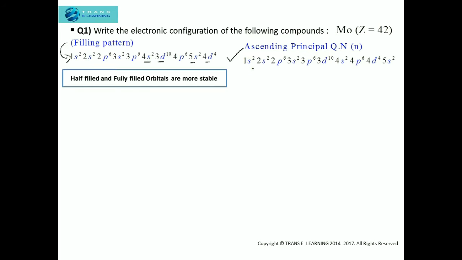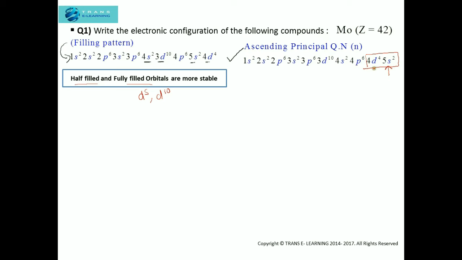We know that half-filled and fully filled orbitals are more stable. So if we consider the d orbitals, then the d5 and d10 configurations will have extra stability as compared to other d orbitals. So if we look here, the 5s is fully filled, whereas the d orbital has 4 electrons.